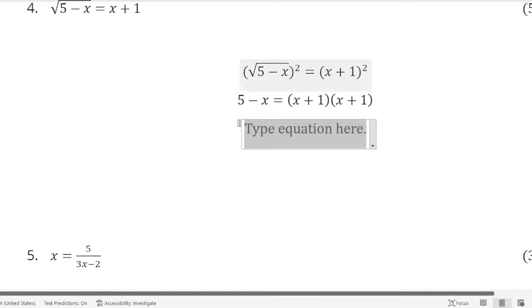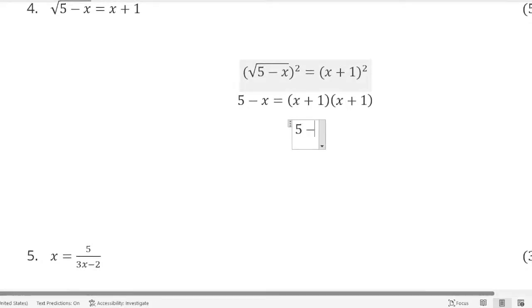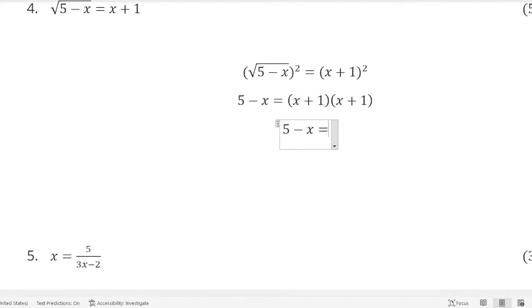Then on the left hand side, you still have 5 minus x is equal to, then here on the right hand side, we are going to apply FOIL, which means that F stands for first terms. We are going to say x multiplied by x will give us x squared.